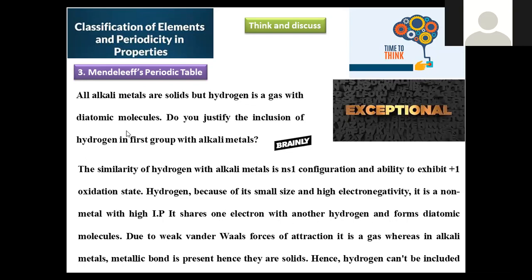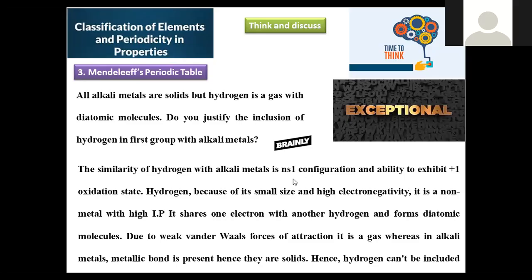Hydrogen may be placed in S block or P block, because S block resembles the ns1 electronic configuration, and P block resembles the electron gaining tendency to attain the noble gas configuration. Fluorine, when it takes an electron, is converted into neon, a stable noble gas configuration. Similarly, hydrogen by gaining one electron attains the noble gas configuration. So here is an exceptional condition applicable to hydrogen, right?